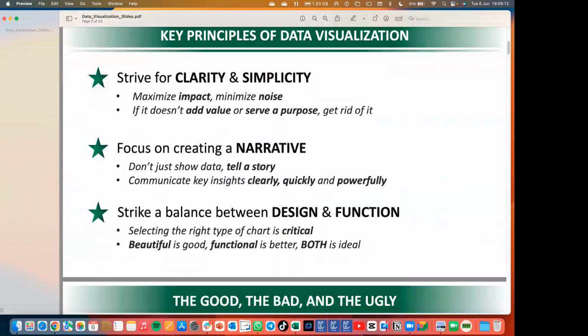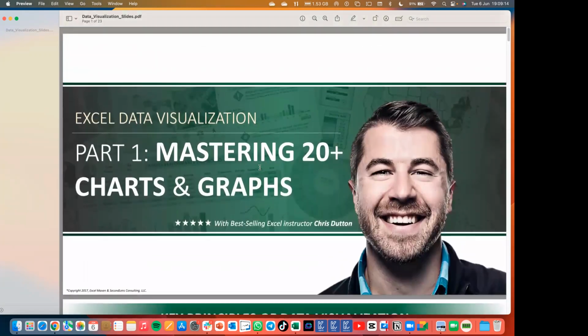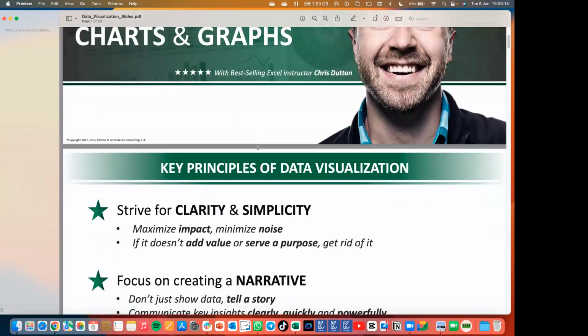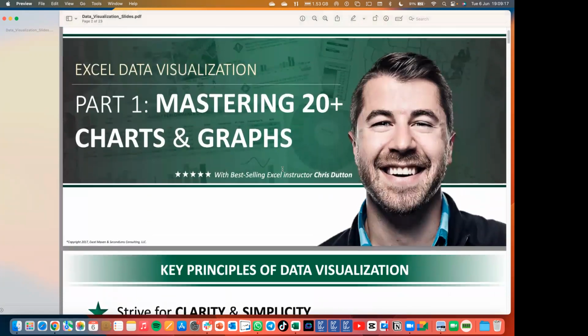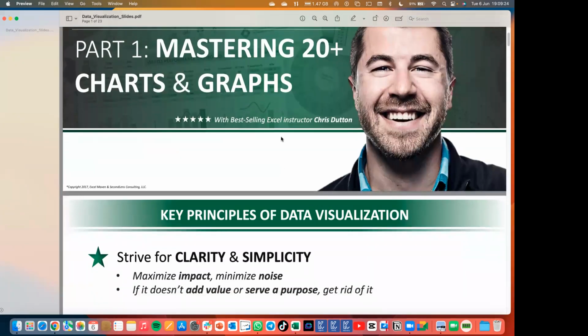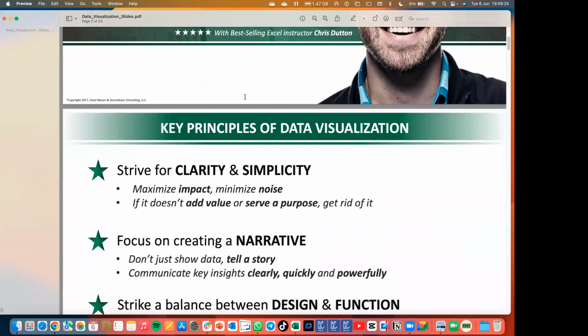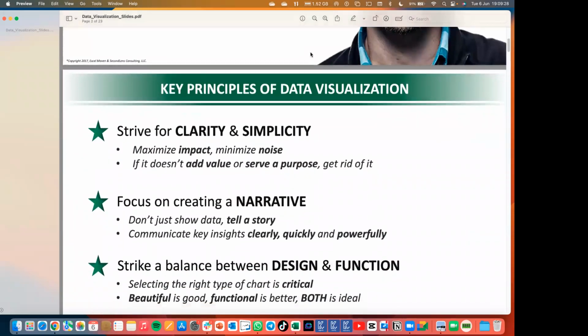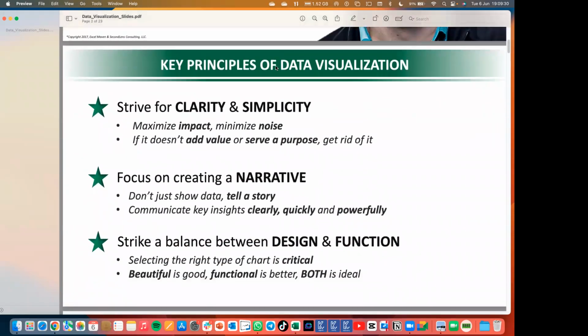So that's where I got this. This one shows 20 examples of common charts, and we are going to go through them one by one. I will need you to ask questions. I will be slow, so that we don't miss the main objective for this session.